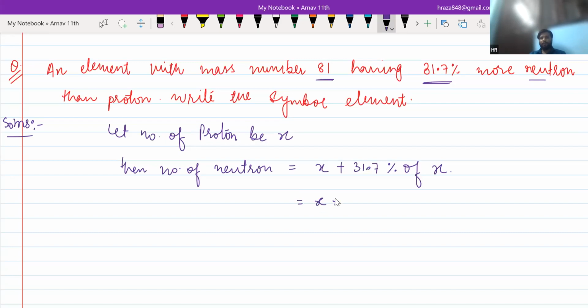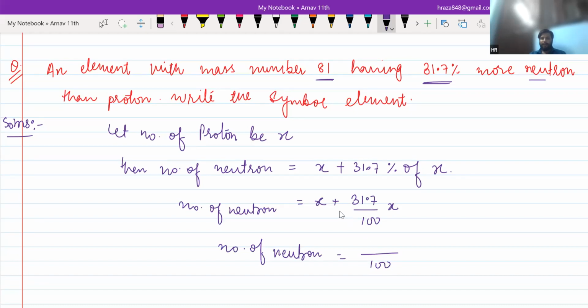So I calculate 31.7 upon 100 into x. So the number of neutrons will be equal to, if you take LCM 100, 100x plus 31.7x, so it will be 131.7x upon 100. Is that clear up to this? Yes or no?